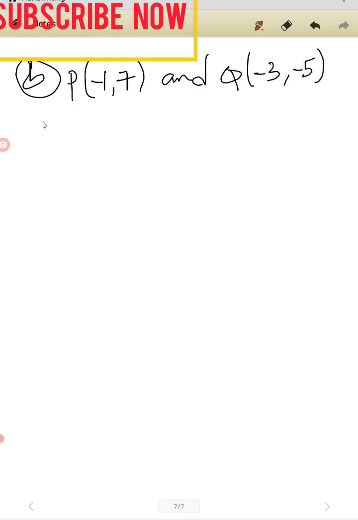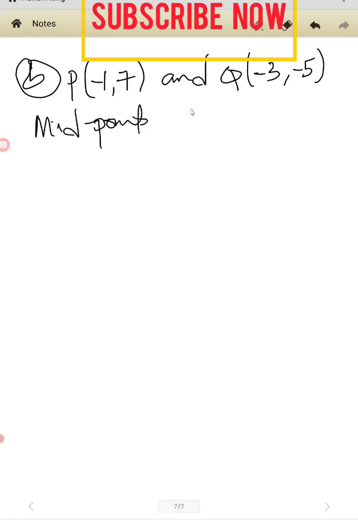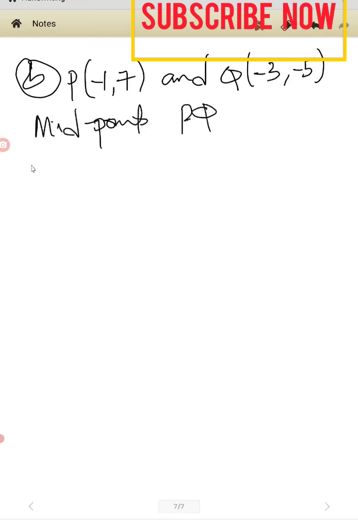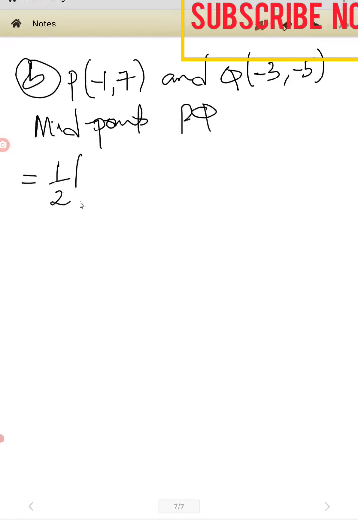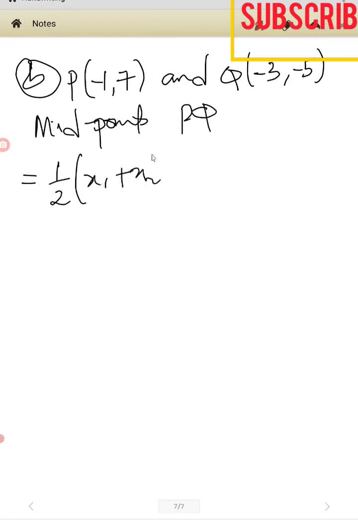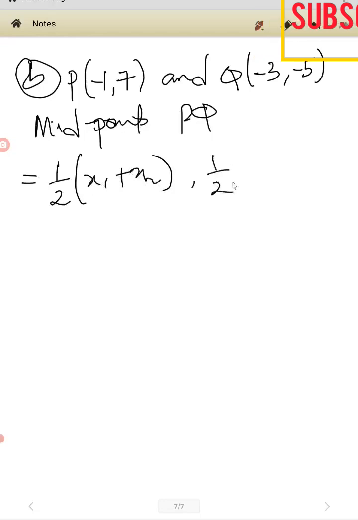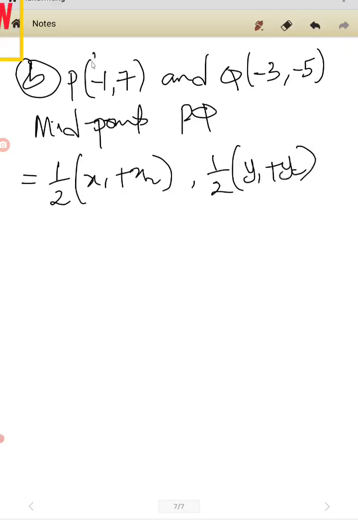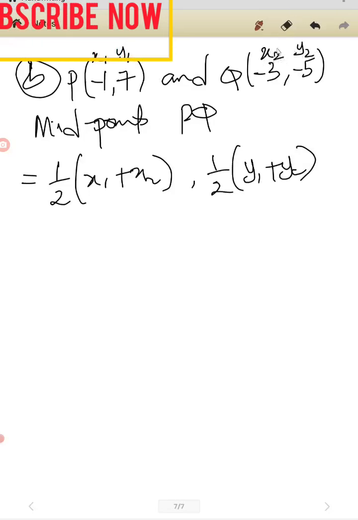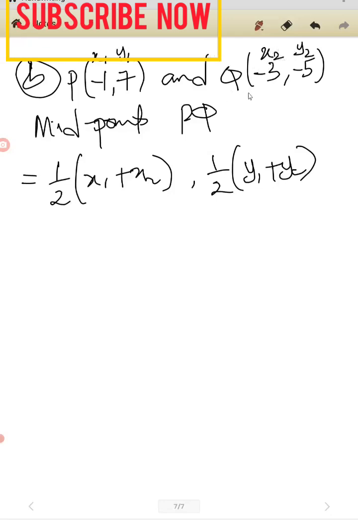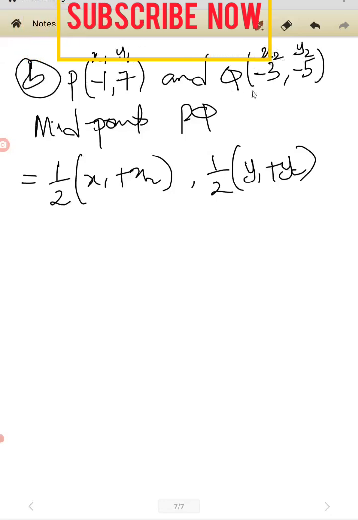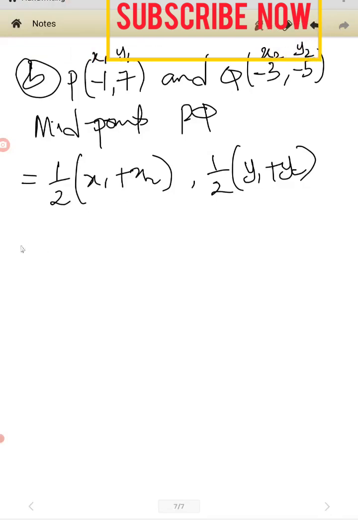We apply the formula again, that the midpoint of PQ will be half of x1 plus x2, comma, half of y1 plus y2. We know before that this is x1, y1, x2, y2. So you try to label them so as not to make any mistakes in the process. By the time you are labeling it, it's very easy for you to get it.